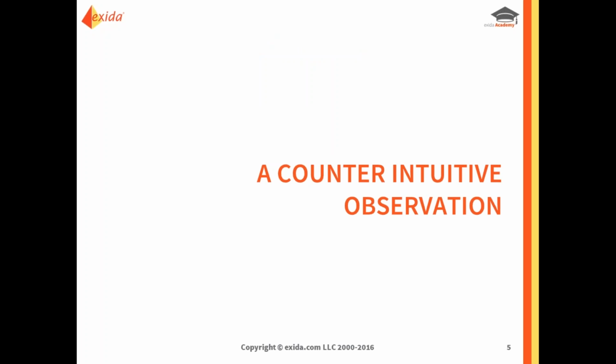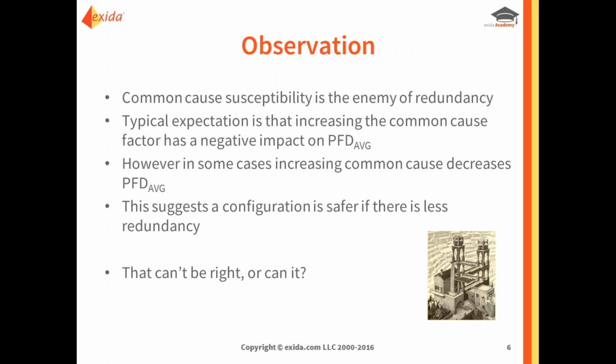So first, that counterintuitive observation. The common concept of common cause is that it's harmful for redundant configurations. It will make redundant units fail at the same time due to a single stress. So the overall expectation is that if common cause increases, your redundant configuration decreases to a 1/1 of non-redundant configuration, which is typically worse for your average probability of failure on demand.